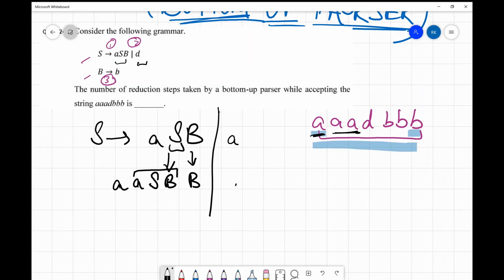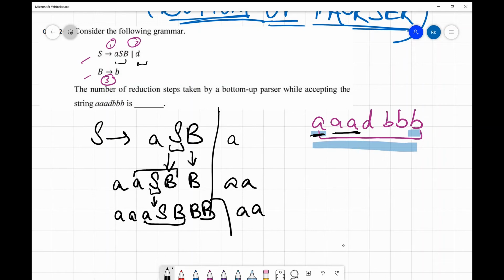Now I have the string AA. Then I need another A, so I'll insert another ASB over here, with two following B's, one of which is the new one. This is the new portion. So I have the string AAA now.